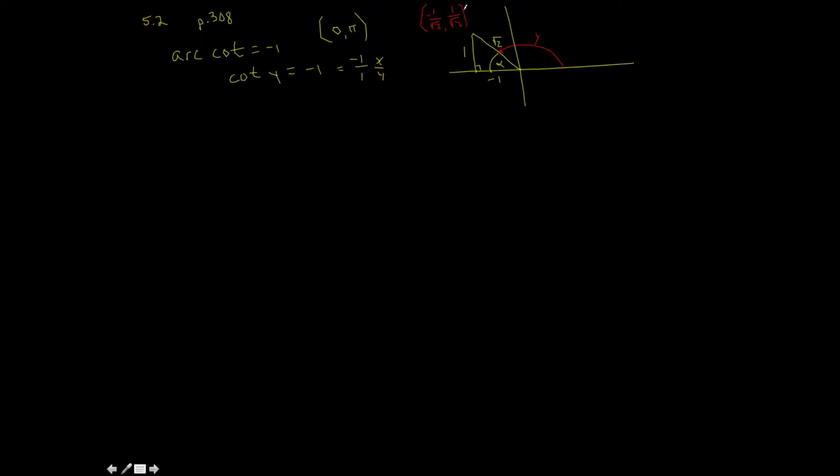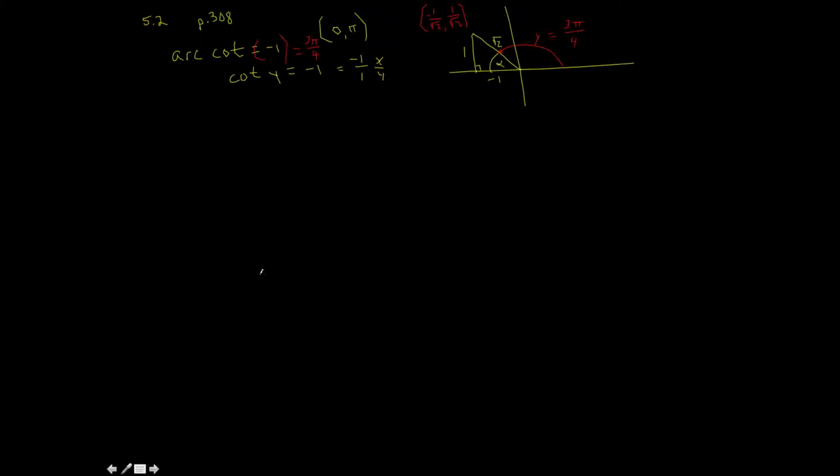What angle in our unit circle gives us that? Well, the angle that gives us that is 3 pi over 4. And 3 pi over 4 is between 0 and pi. So what we can say here, and I wrote this wrong, it should be the arc cotangent of -1 equals 3 pi over 4.